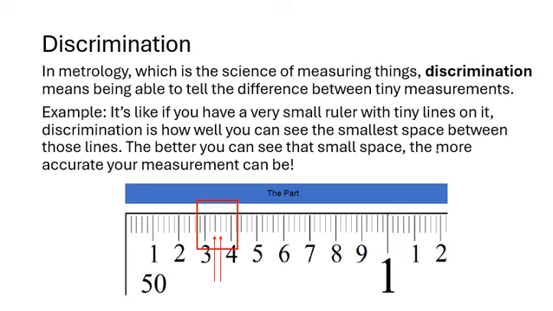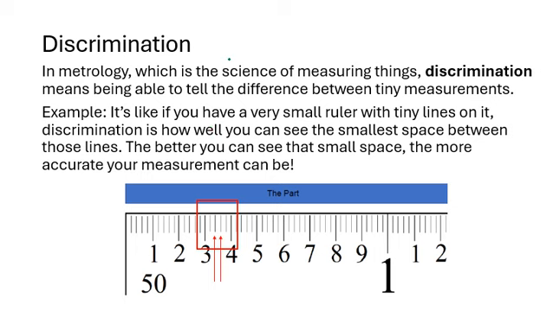Okay, and it doesn't mention it's got to be the smallest line, the smallest gap between the lines. And a lot of people have confusion between the discrimination and the degree of precision.